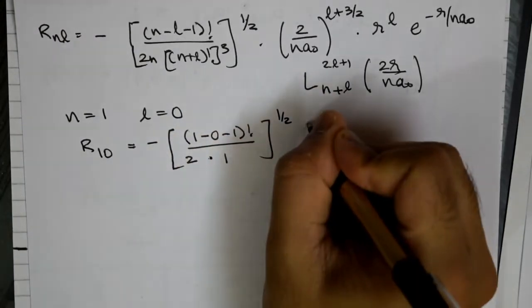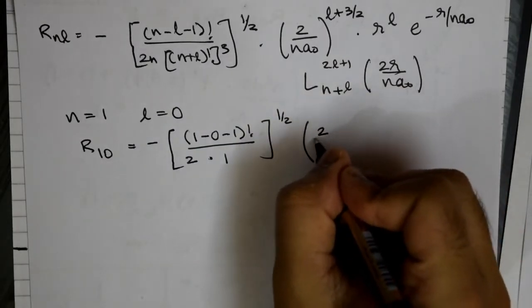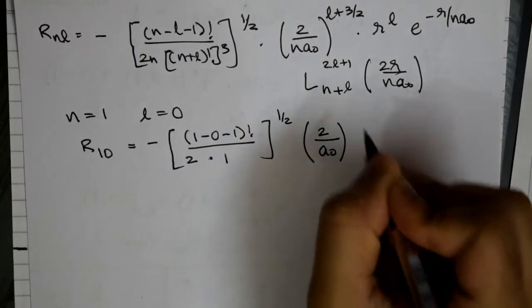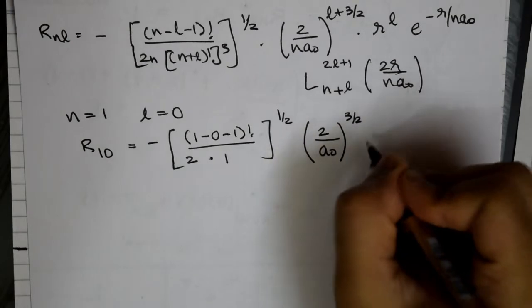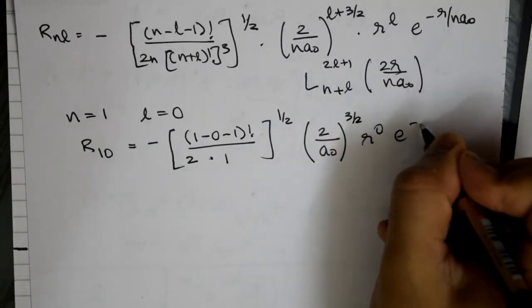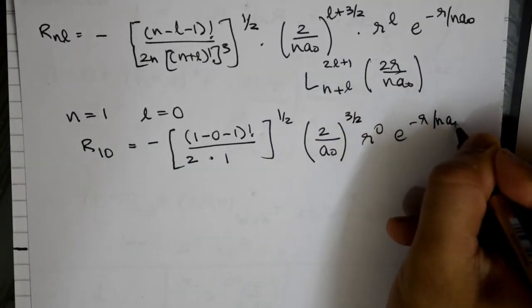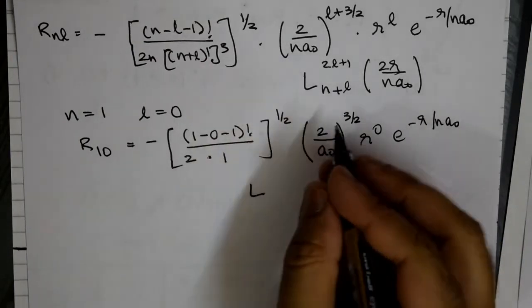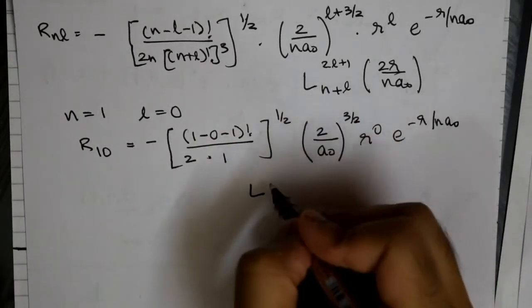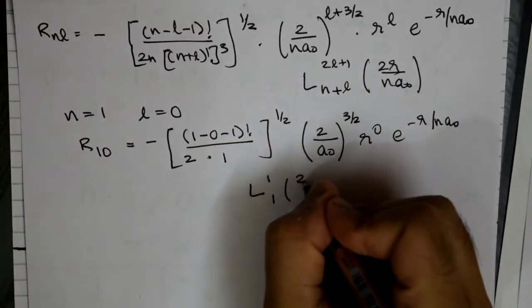Then you have 2n equal to 1 here, 2 by a naught power 3 by 2, L is 0, r power 0, e power minus r by n a naught, L of n plus L which is 1, 2L plus 1 is also equal to 1, of 2r by a naught.